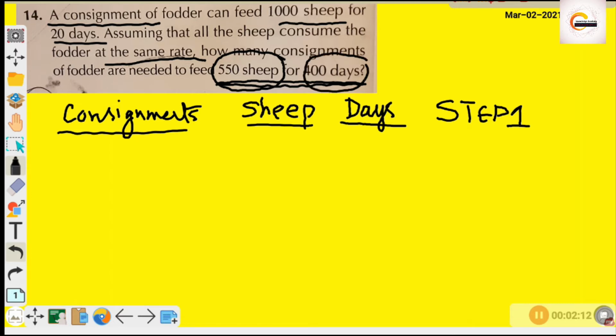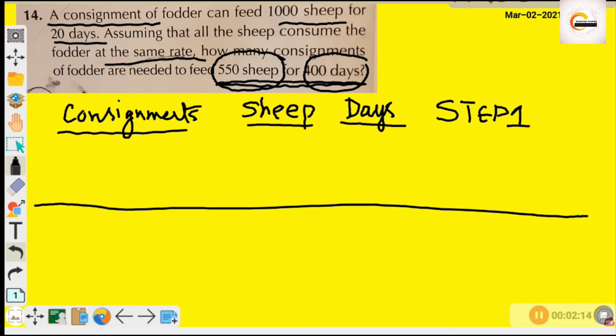So in the first step, according to the question, 1 consignment feeds 1,000 sheep and is consumed in 20 days. Okay, so I'm going to keep consignment constant, and in the next step I am going to keep 550 sheep constant.